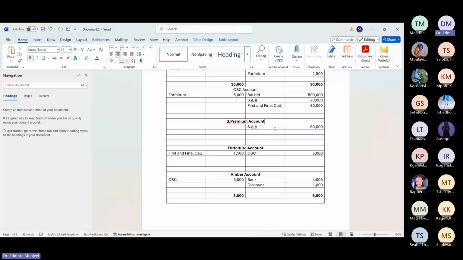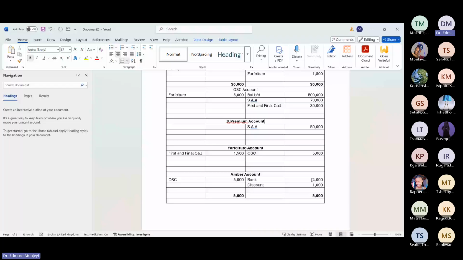Ember paid 4,000. We agree. Then what does the company do?